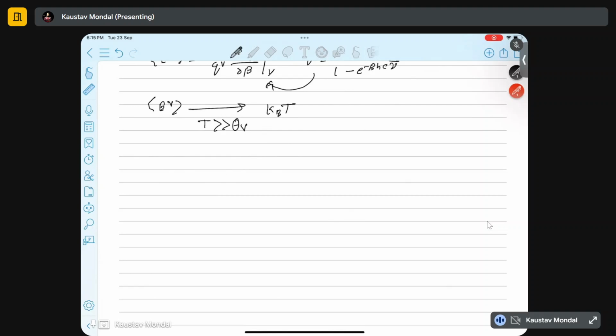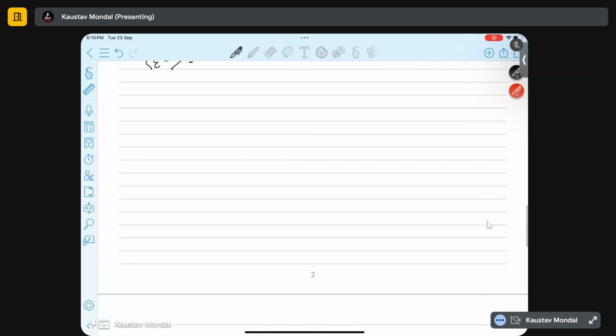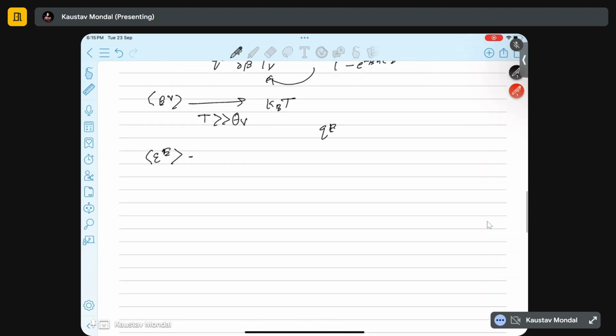Last comes the electronic contribution. Okay, so the electronic contribution, the expression of q_E, is simply g_0. That means the degeneracy of the ground state. Now this is just a constant value, right?